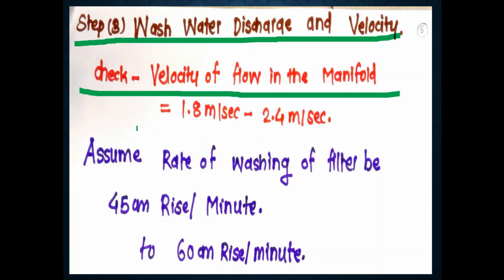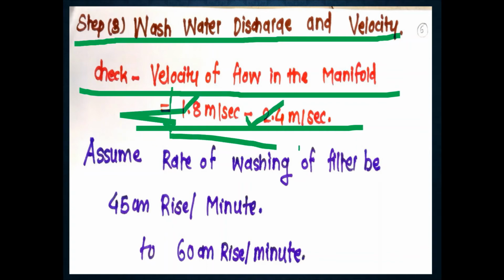Velocity of flow in the manifold is in the range of 1.8 meter per second to 2.4 meter per second. Q is equal to area into velocity. When we get the wash water discharge value, we will see during the example, we just have to equate area of manifold into velocity, and if you know the discharge and the area of the manifold, then 1.8 to 2.4 meter per second is the cross check you have to take.